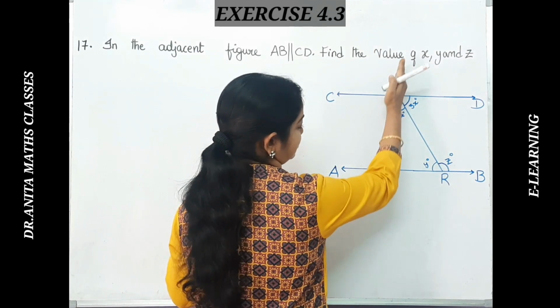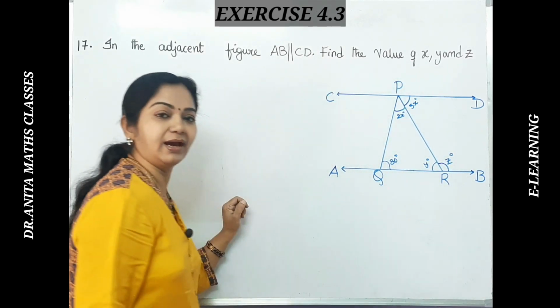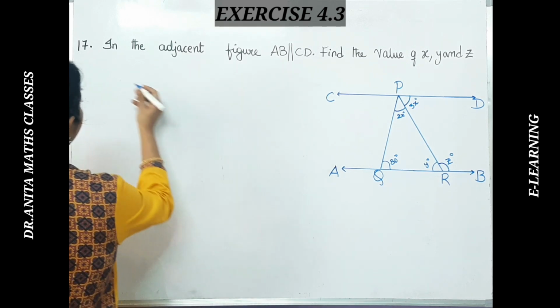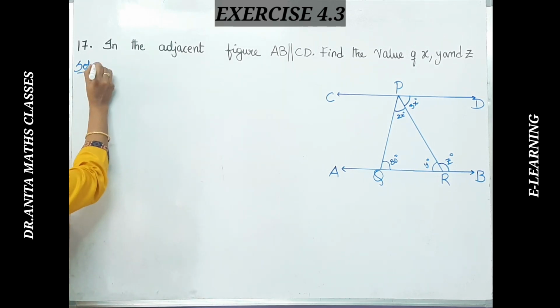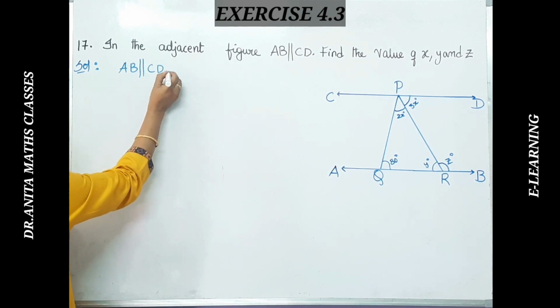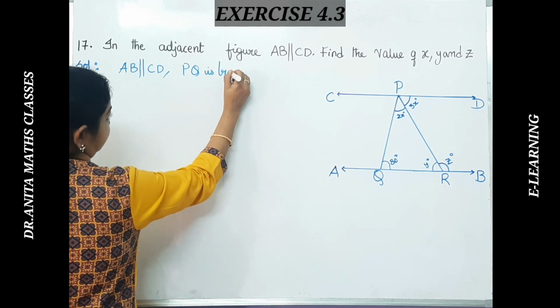Now we have two transversals. Here there is one transversal PQ, and also you can consider this transversal as PR. Now, first considering the transversal PQ, given AB parallel to CD.